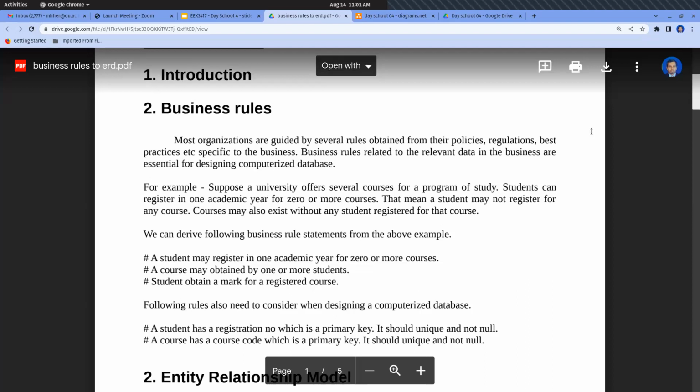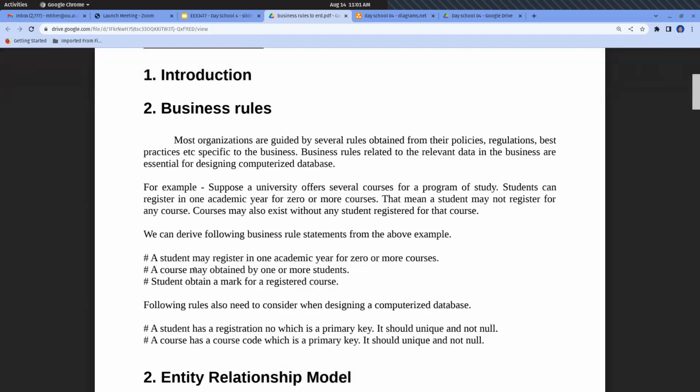So that is why this may be included. A course may have registered students or not. And also a student may have registered to the program but not have a course.